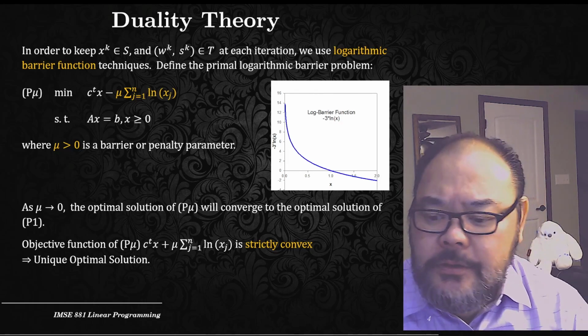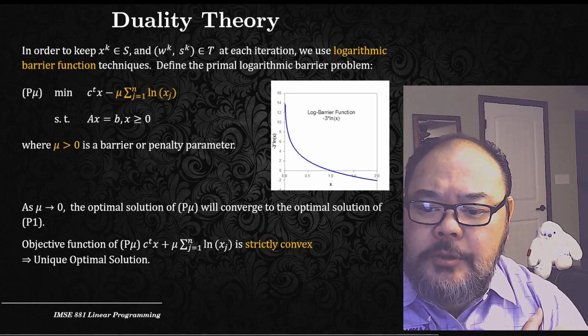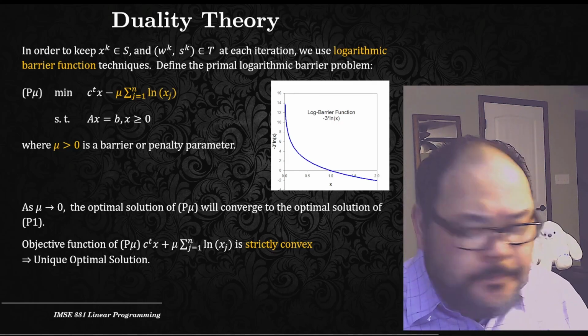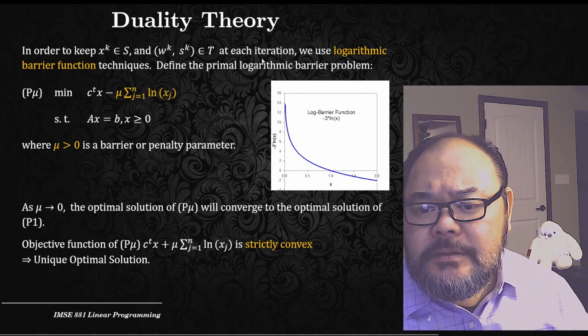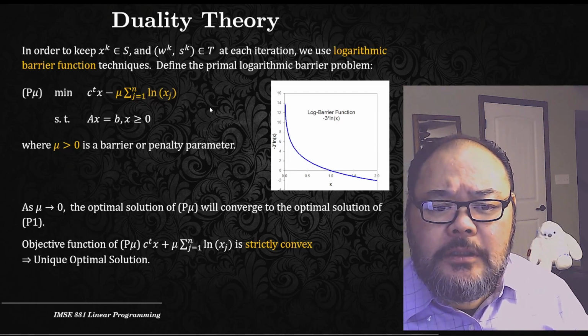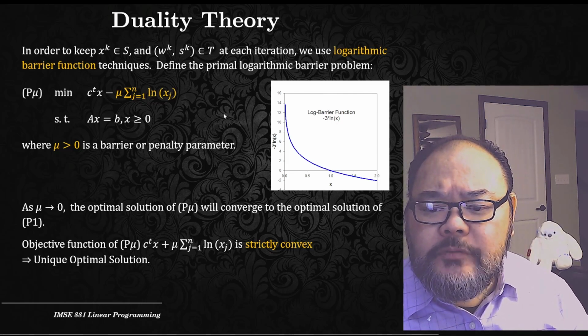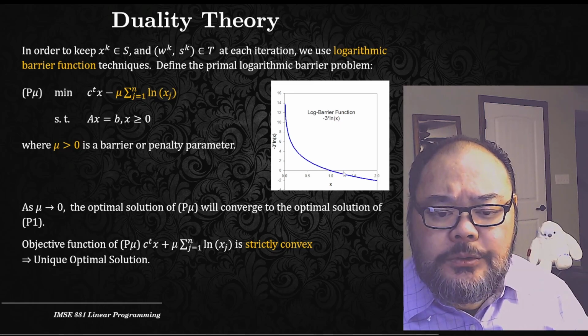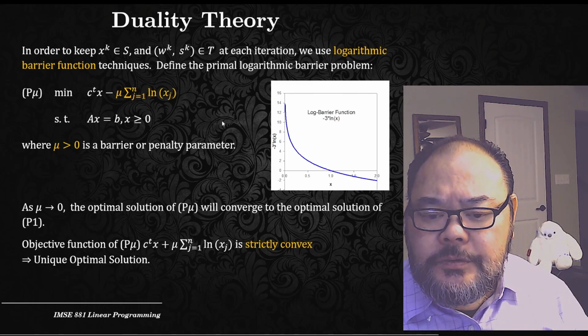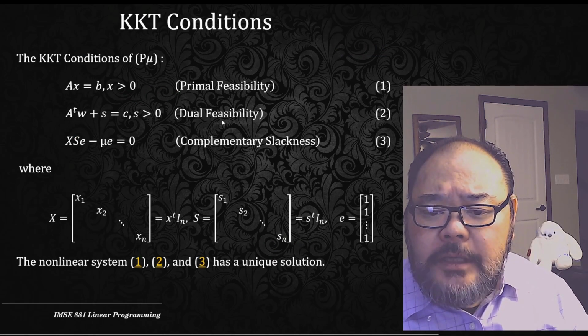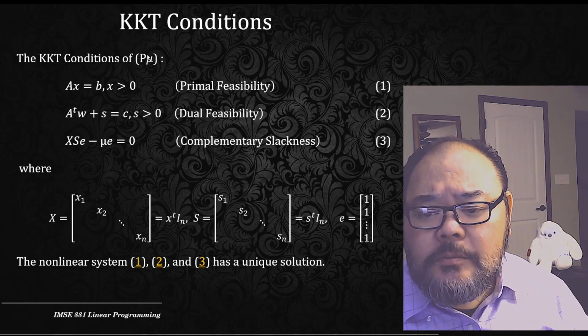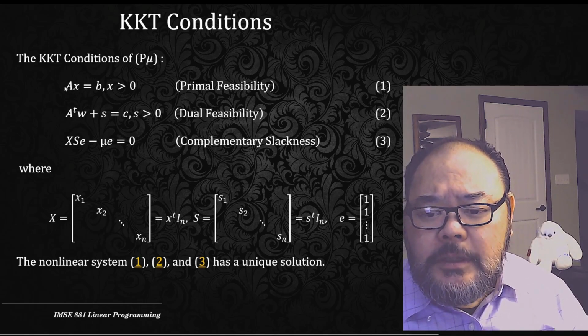Based on the theory, the unique optimal solution still exists. So this is the idea of using a log barrier function to prevent the current primal solutions from getting too close to 0. And the KKT condition for P mu still has three parts.